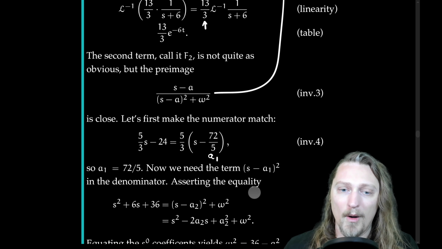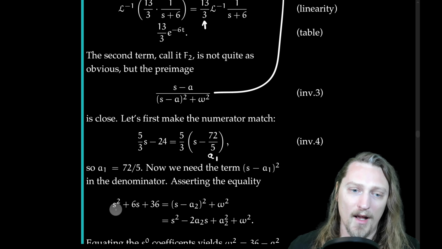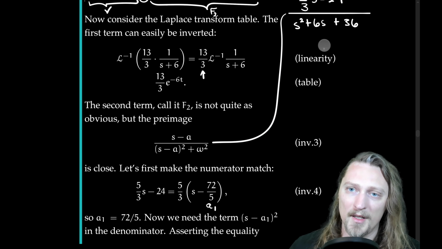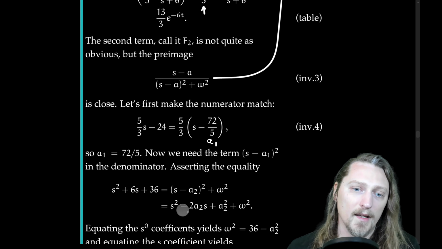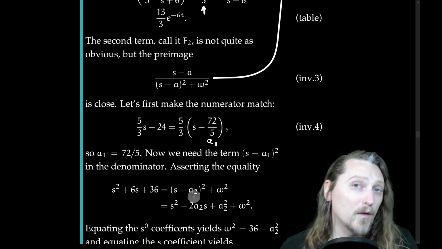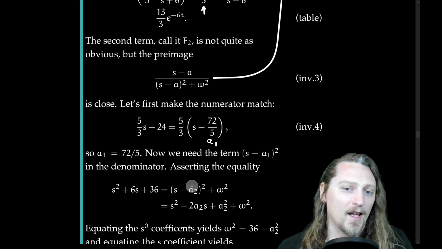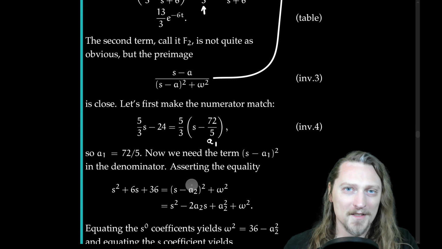Asserting that there is an equality here, we're going to set that denominator, s squared plus 6s plus 36, which is what the denominator of f2 was, right? It's just this denominator here. We want that to look like s minus a2 squared. We don't know for sure if we're going to be able to succeed. We would like a1 to be here, but we need to figure out if a2 is going to equal a1.